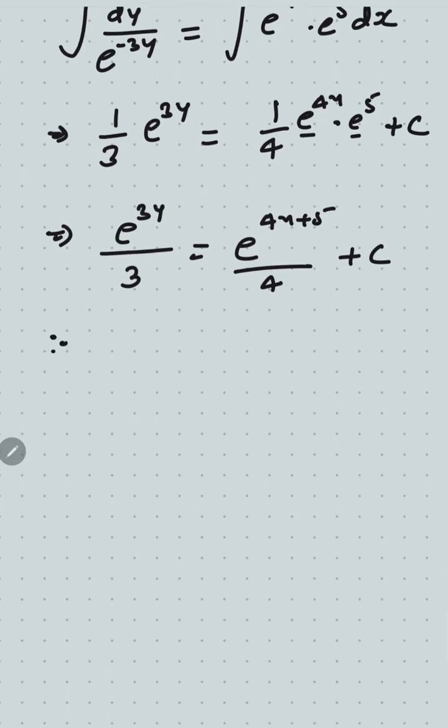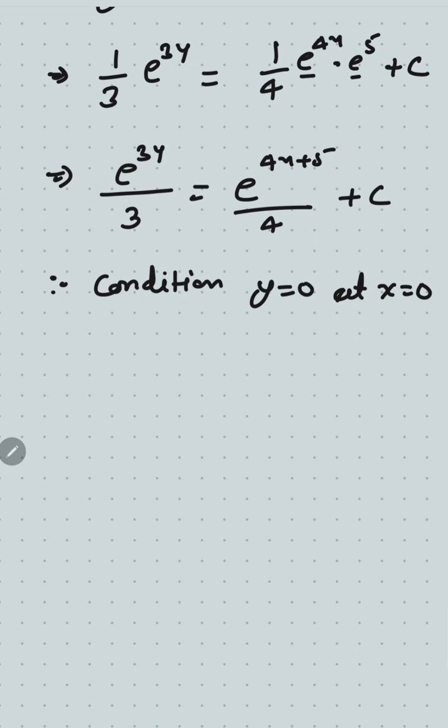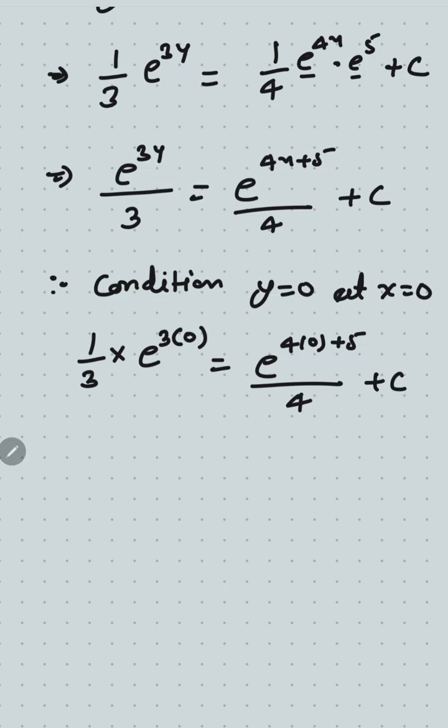Let's see. Given the condition y is equal to 0 and x is equal to 0, then I apply it there: e to power 3 of 0 divided by 3 is equal to e to power 4 of 0 plus 5 divided by 4 plus c.